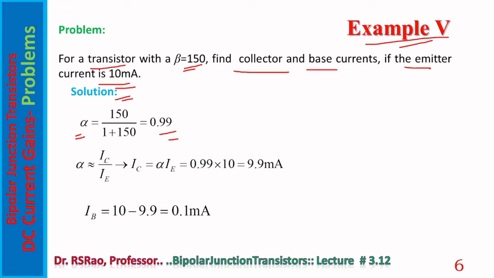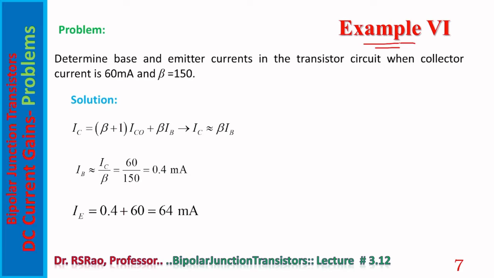Alpha is roughly IC by IE when we neglect the negative sign. So IC is alpha IE. It turns out to be 9.9 milliamperes. IB is IE minus IC. IB is 10, emitter current, minus collector current 9.9 milliamperes. It turns out to be 0.1 milliamperes.